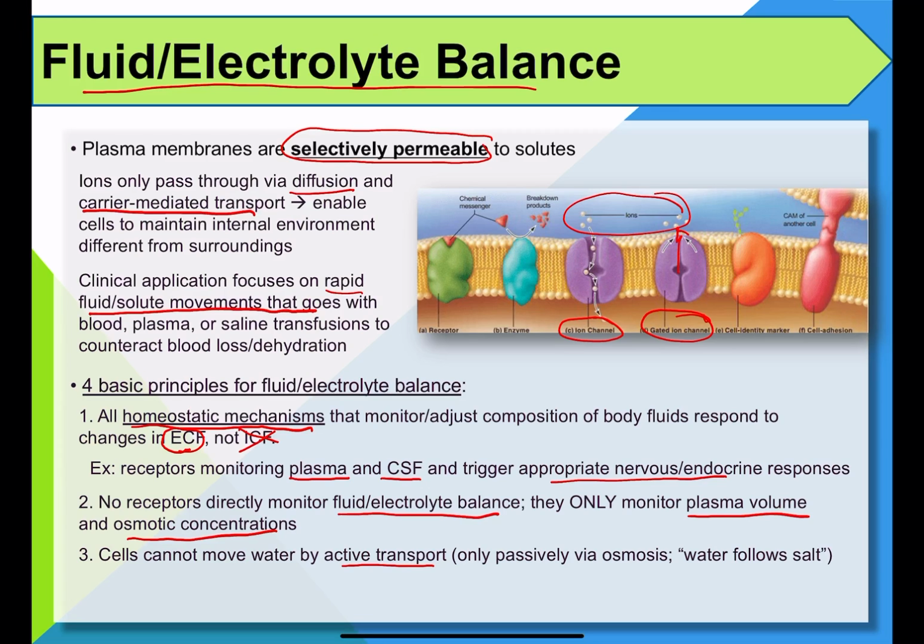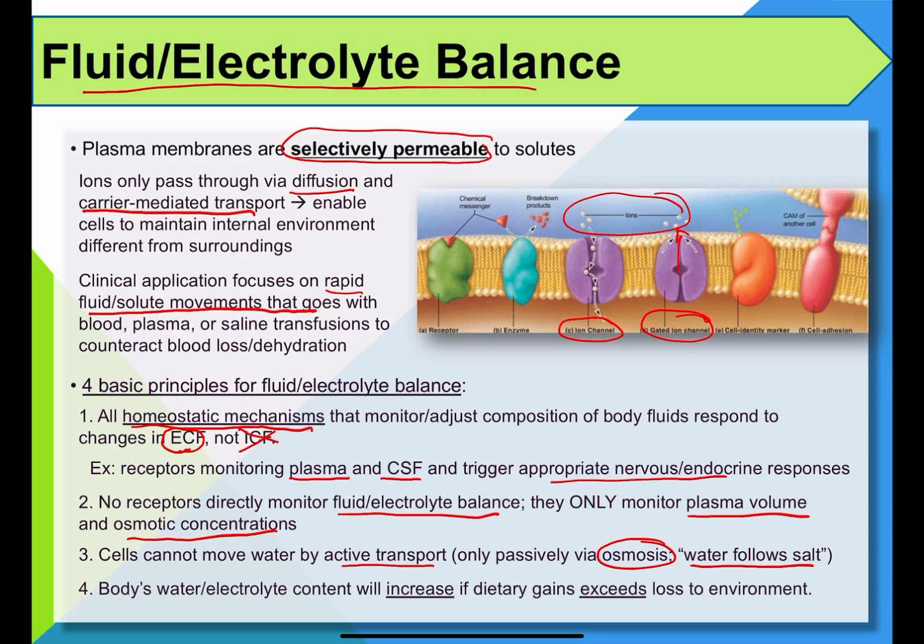There's no driving force or protein possible to pump water. So everything happens passively via osmosis, and hence we always go by the rule, water will always follow salt. If there's higher salt content, then add more water to that side to dilute it out. If there's less salt content, remove the water to concentrate that salt in, okay?